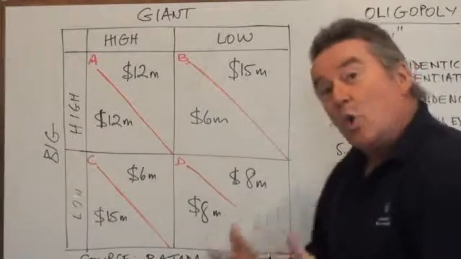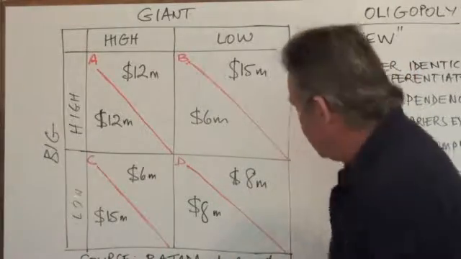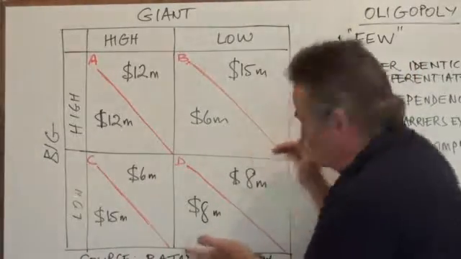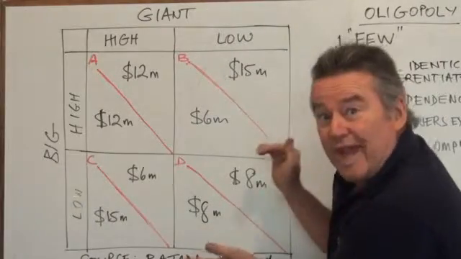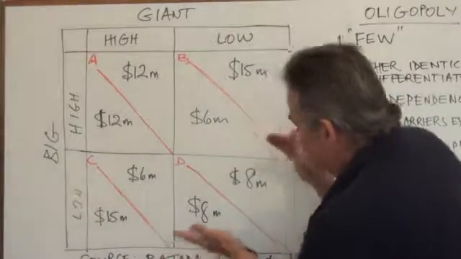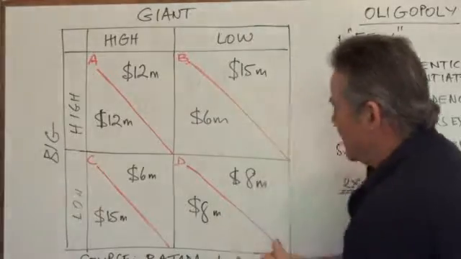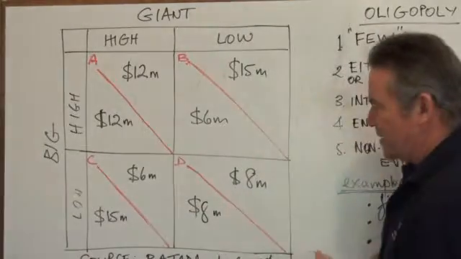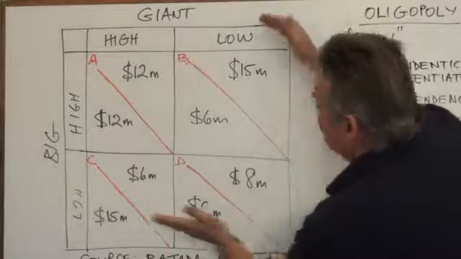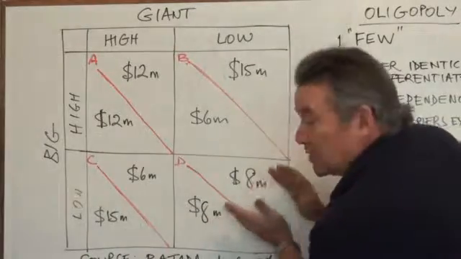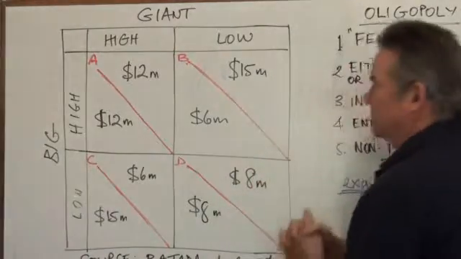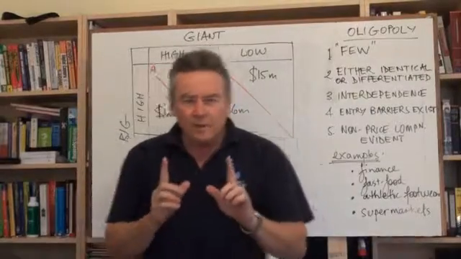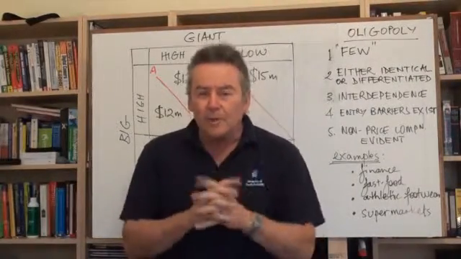So again, where are they likely to end up? Down here in what we sometimes call the Nash equilibrium, after the famous mathematician John Nash. Their maxi-min strategy will be to go low in order to protect market share. Now, a couple of things, let me remind you.